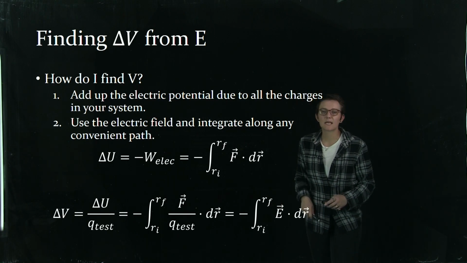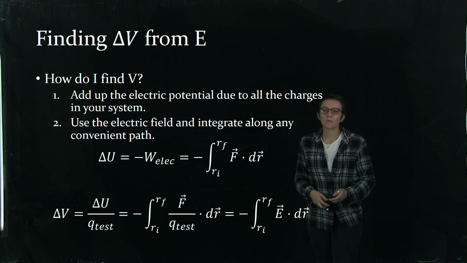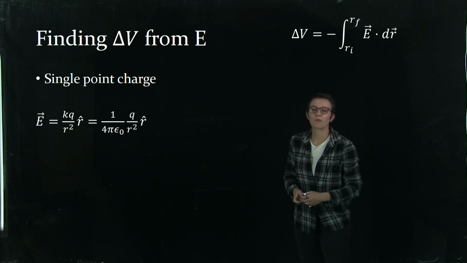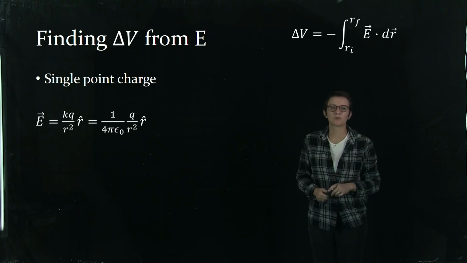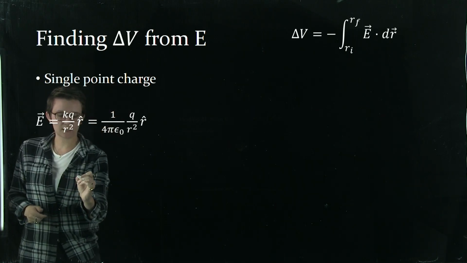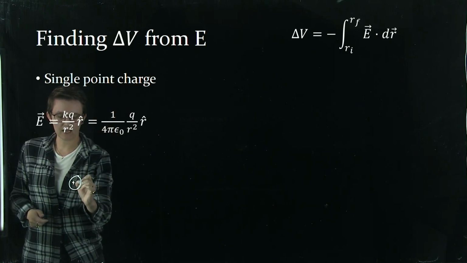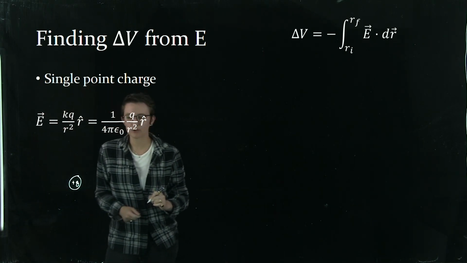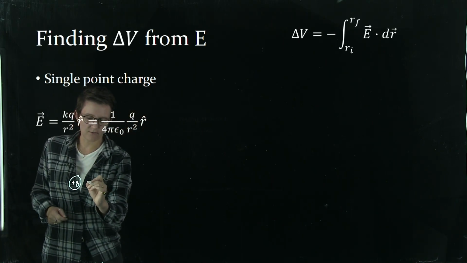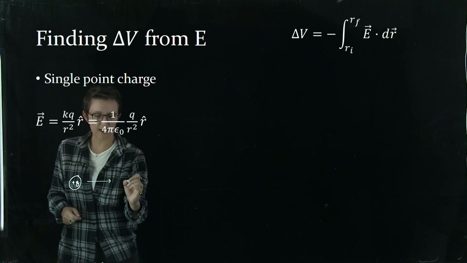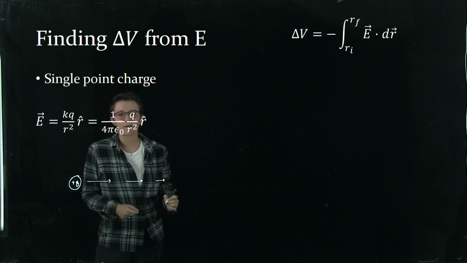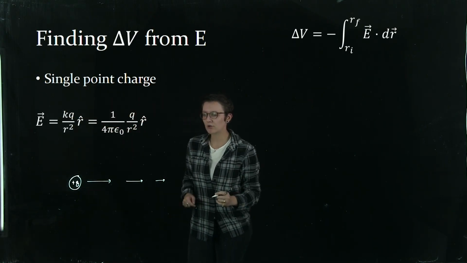So let's actually see how this works in practice. We are going to think about a single point charge in order to calculate our electric potential difference. So let's first draw a quick picture. Let's imagine that I have a plus Q charge here, and I can think about my electric field. My electric field starts with some big magnitude, and it will get smaller and smaller as you get farther away from your charge.